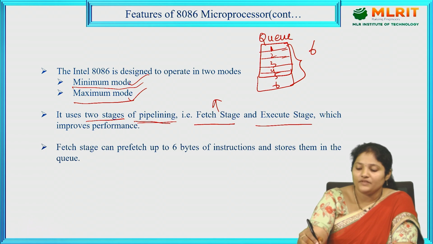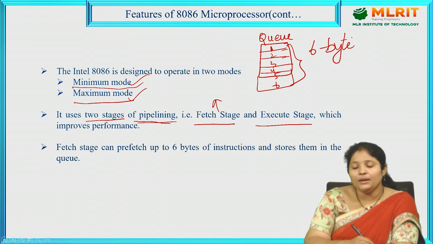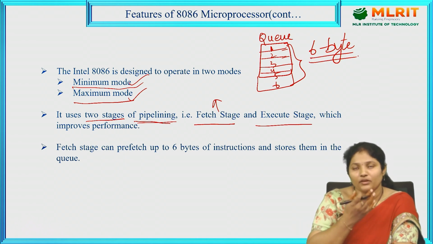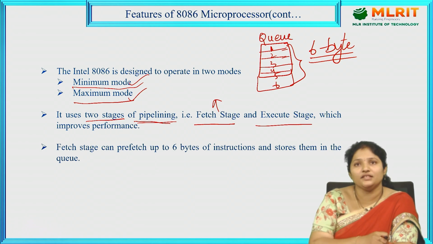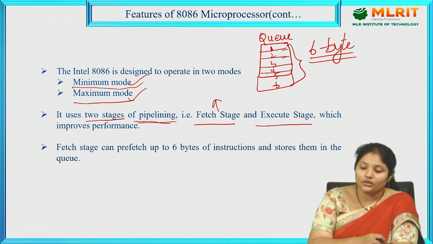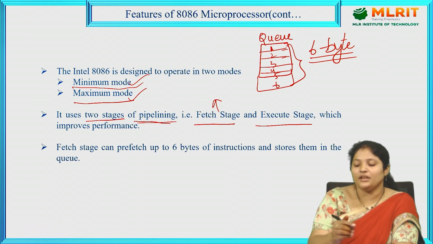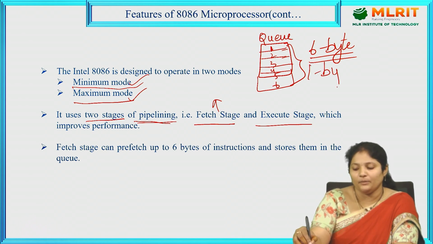This is of 6 byte. So why this 6 byte? Because the maximum size of one instruction in 8086 is 6 bytes. To support that 6 byte instruction, the queue is designed in such a way that it can hold one maximum size instruction in 8086. The minimum size of an instruction would be 1 byte.